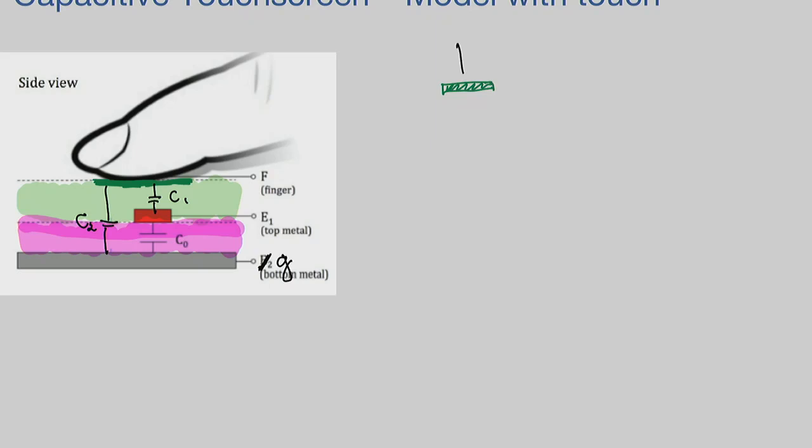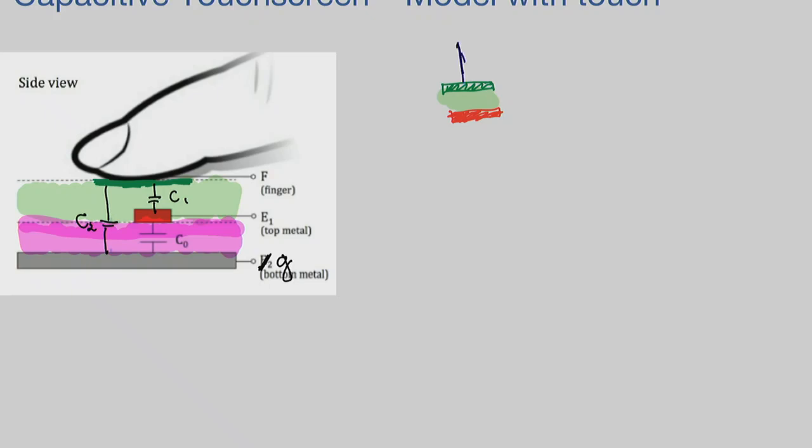This is the conductor. Then we would have a dielectric, which is the top dielectric that we interact with, in between. And then we have a second metal plate, which is what the manufacturers choose to form those capacitors that come as C naught, right?